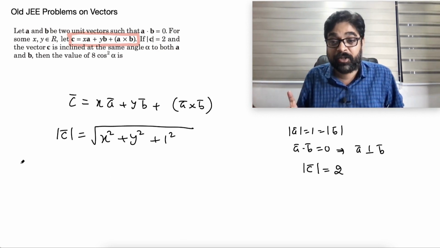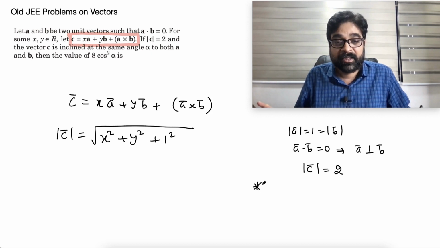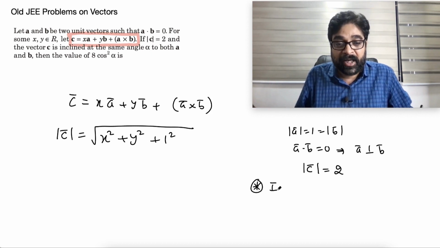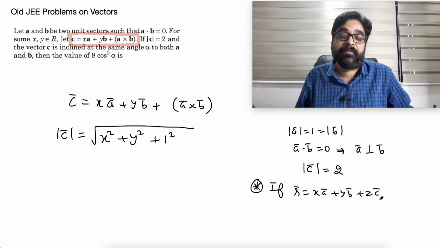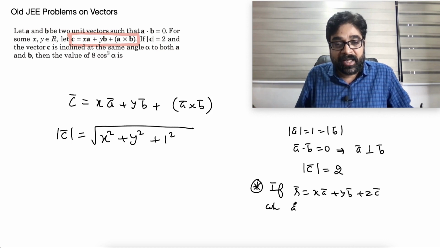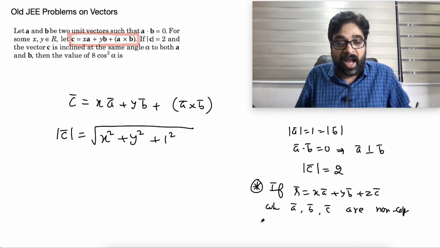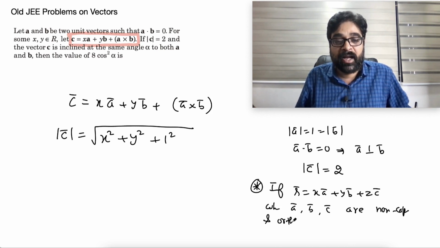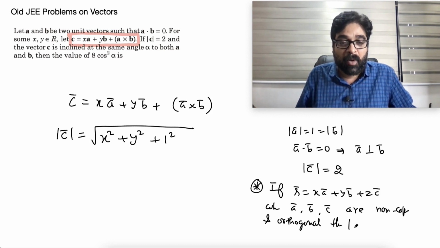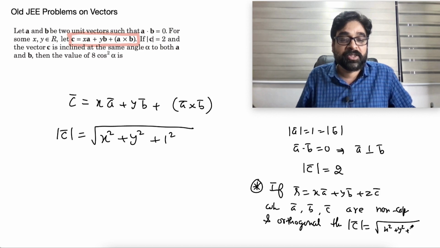So as a point you can mention it somewhere. It's a very important point. If R vector equal to xA plus yB plus zC, where A, B, C are non-coplanar and orthogonal, then mod R equal to root of x square plus y square plus z square.